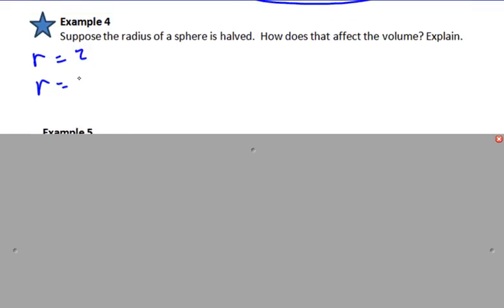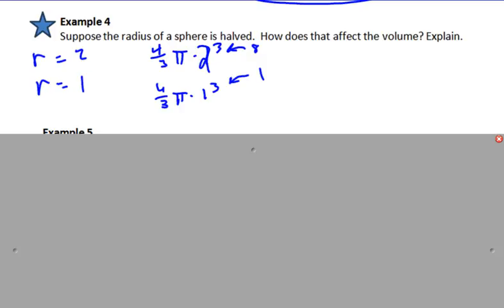Half of 2 was 1. So we got 4/3 pi times 1 cubed, or 4/3 pi times 2 cubed. Really the only difference is we're multiplying this one by 8, because 2 cubed is 8 and 1 cubed is 1. And I'm fairly certain it will work out that way every time. It's 8 times the amount.